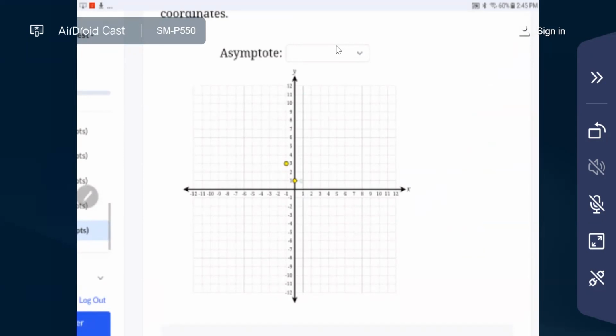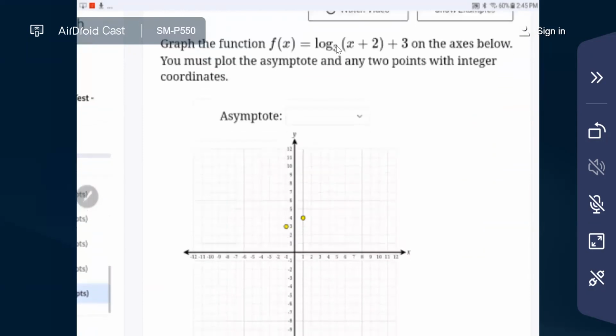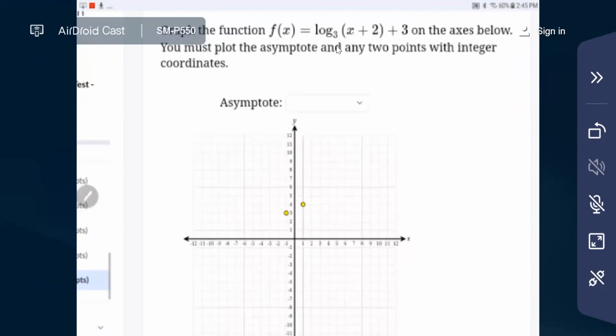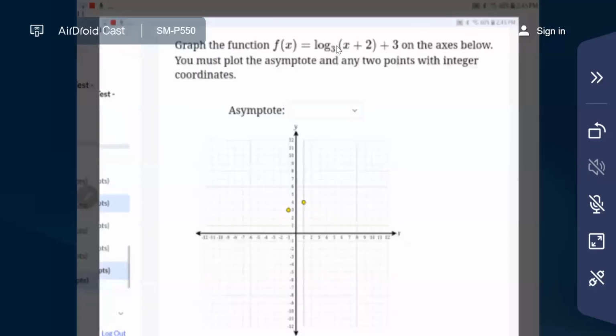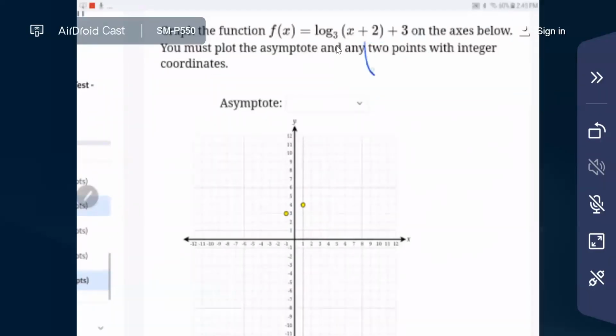And my next point was 1 and 4. There's my 2 points. And then logs have a vertical asymptote. I'm going to go to screen write again. We're going to remember that.